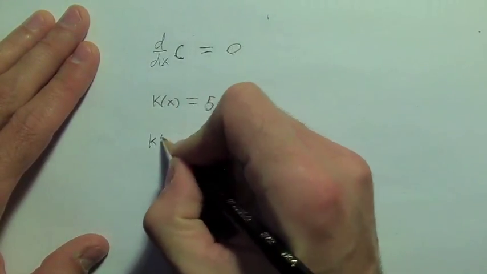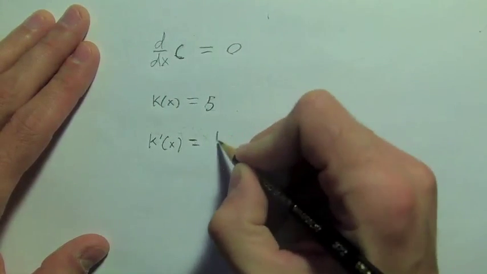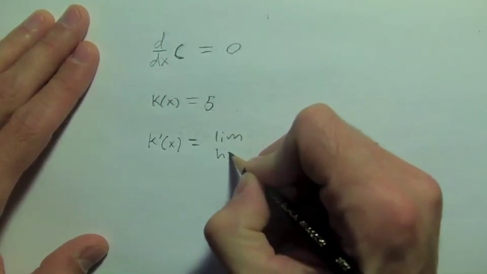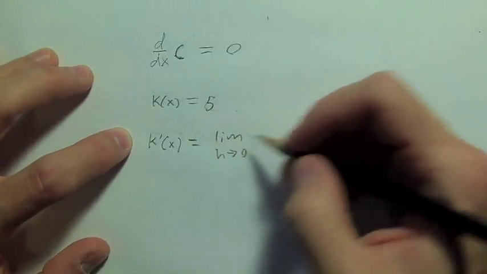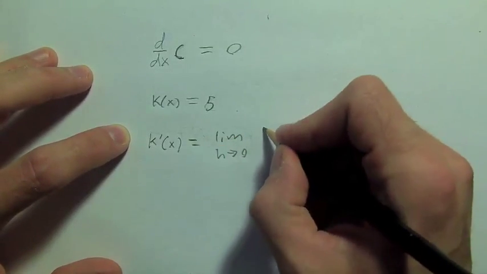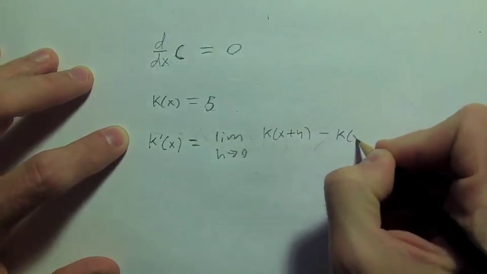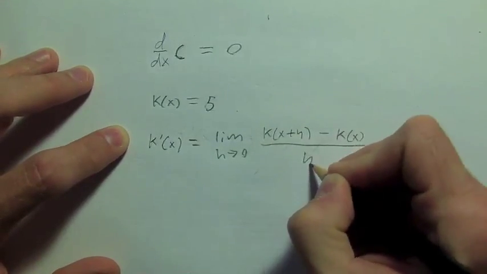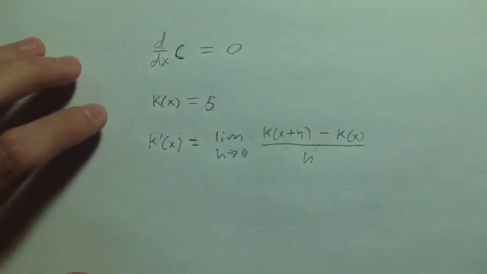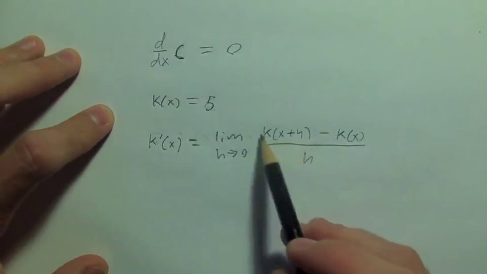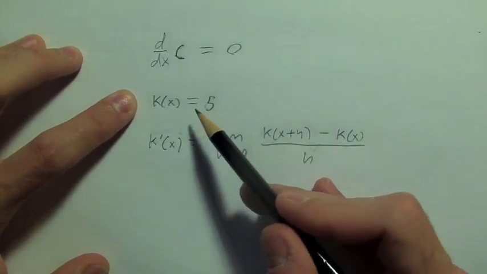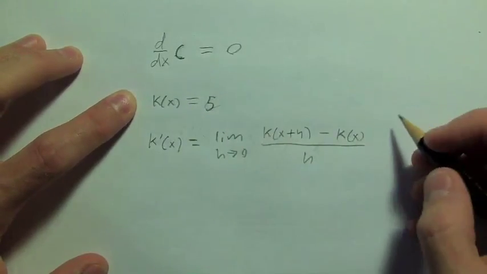If I go to the limit definition, the derivative is the limit as h goes to 0 of k of x plus h minus k of x, all over h. Now, no matter what I plug into k, it just gives me 5.